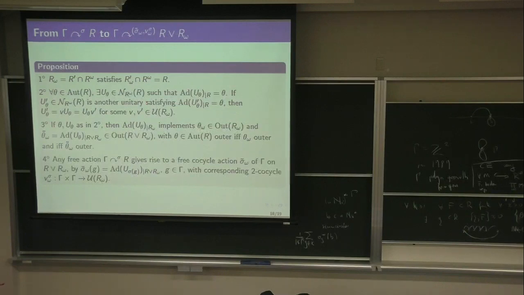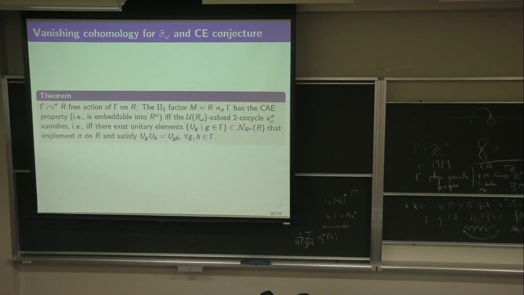These are trivial observations. So what did we come to? I make another trivial observation: any two copies of R in an ultrapower, any ultrapower, are unitary conjugate. So it means that if I take any free action of a countable group gamma on the hyperfinite II1 factor, this crossed product II1 factor, in particular L of gamma, will embed into R omega.